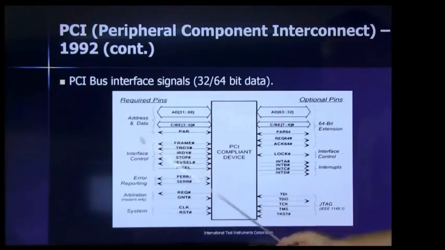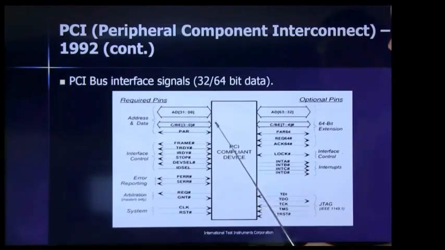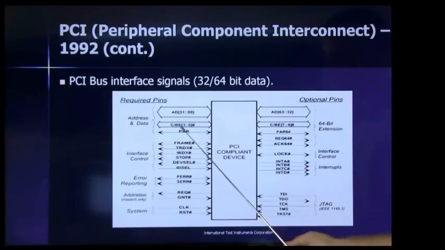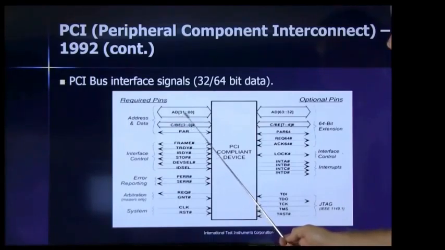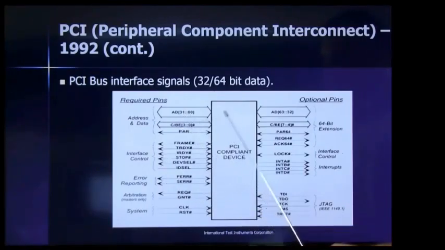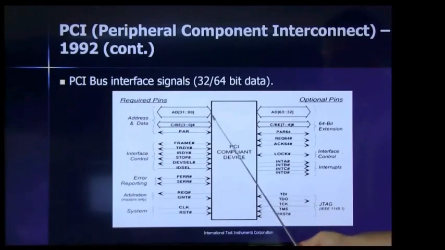What you do need is the address and data signals to get the address assigned to the device and the data in or out. You need command byte enable. The byte enable signals are used for reading or writing individual bytes. So you might want to write the first 2 bytes, but not all 4 bytes in a 32-bit D word. You have a parity signal, so that parity can be checked.